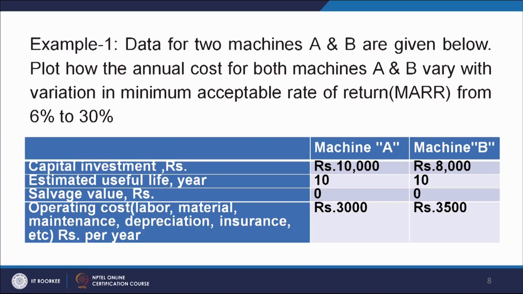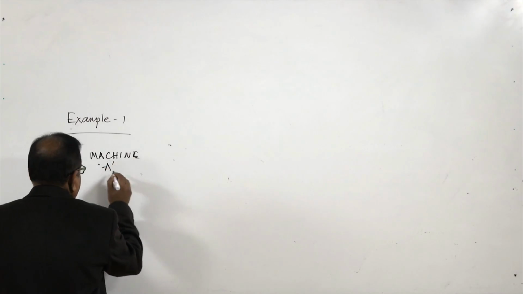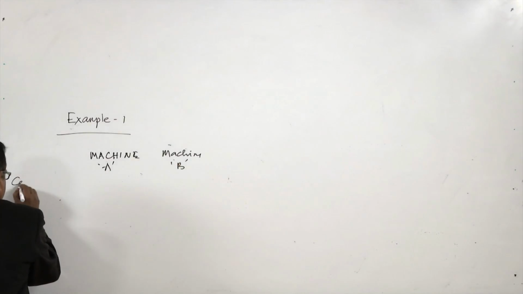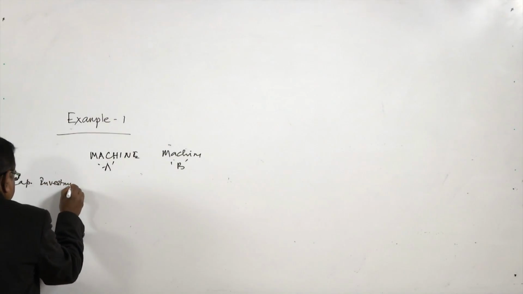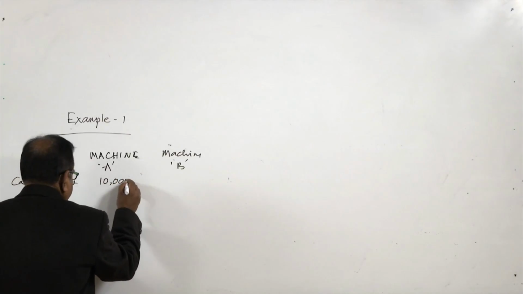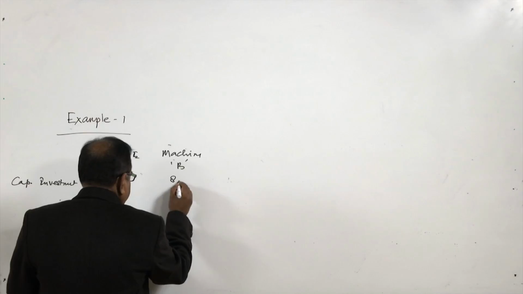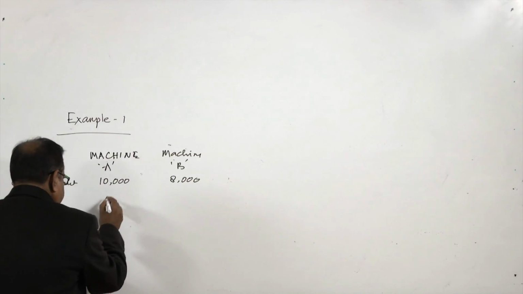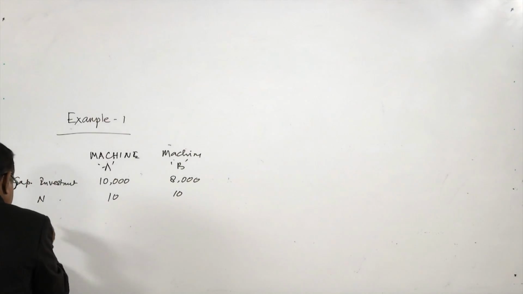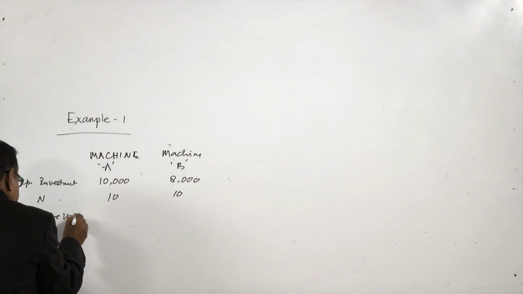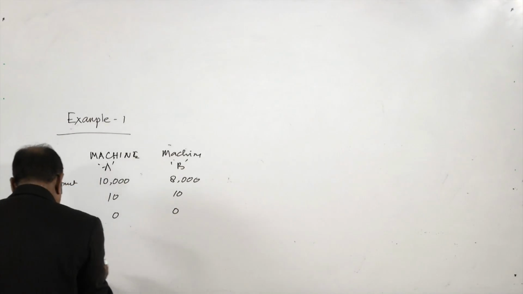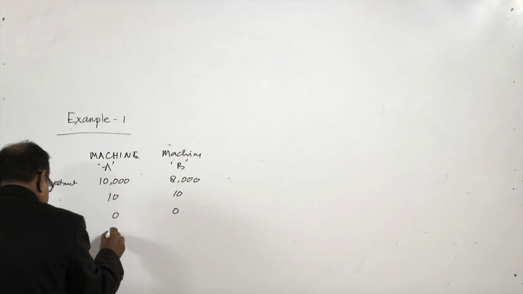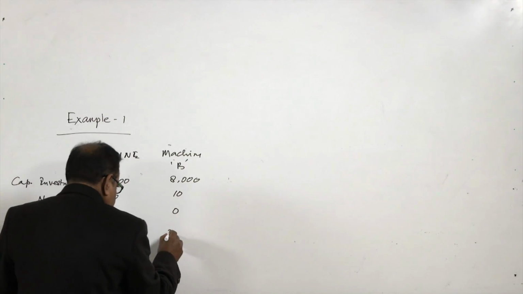Now, we have the following data with us: machine A, machine B. Capital investment 10,000 and 8,000, and the useful life is 10 years, salvage value is equal to 0, operating cost 3,000 and 3,500.